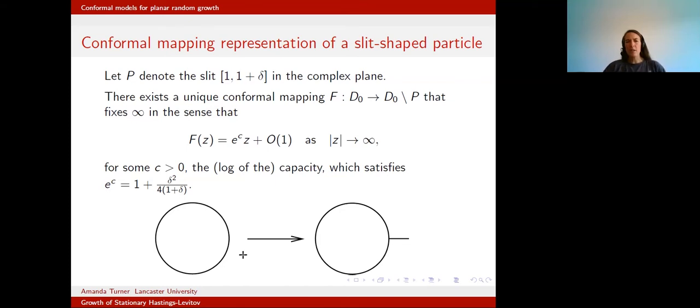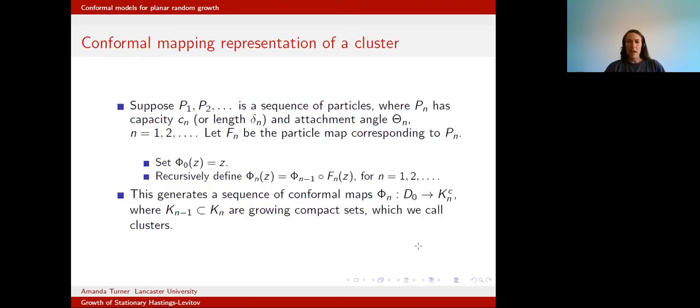So that's how we come up with a map corresponding to a cluster with a single particle. Well, how do we construct a map corresponding to several particles? Well, the process is recursive. And so here's a description, but I'll show you a picture on the next page, which makes it easier.